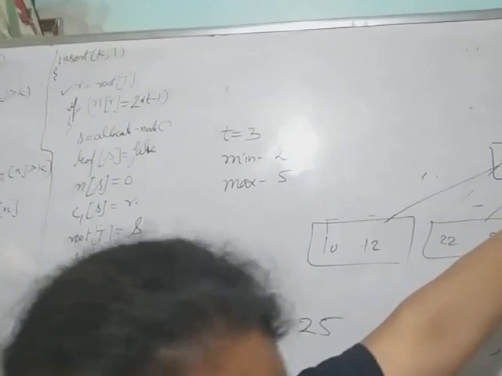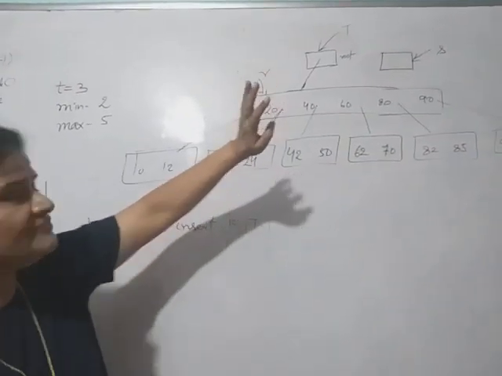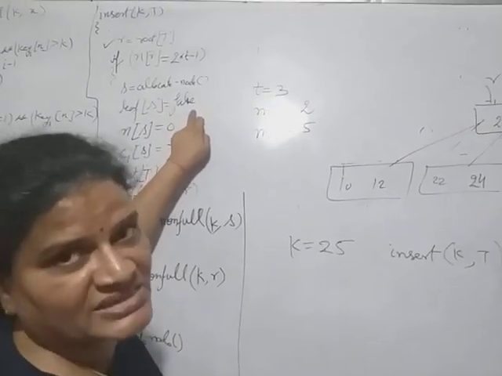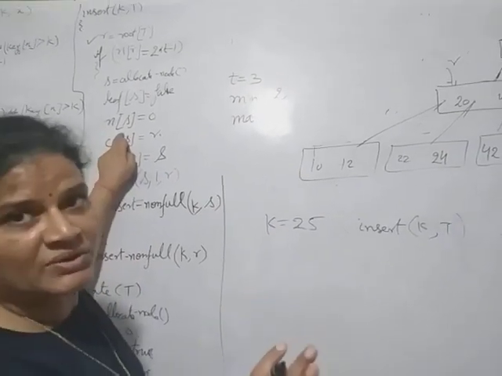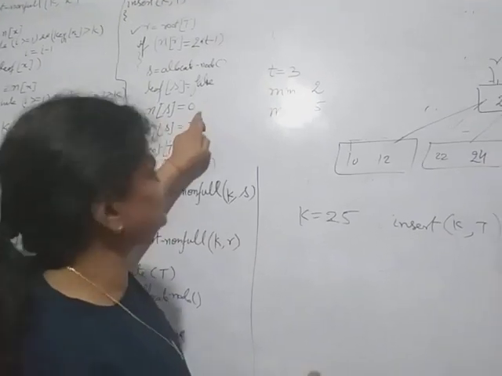Of course, the child of S will become R, so it cannot be a leaf. So the leaf status of S is set as false. At present the number of keys in S is 0, so the number of keys in S is initialized with 0.